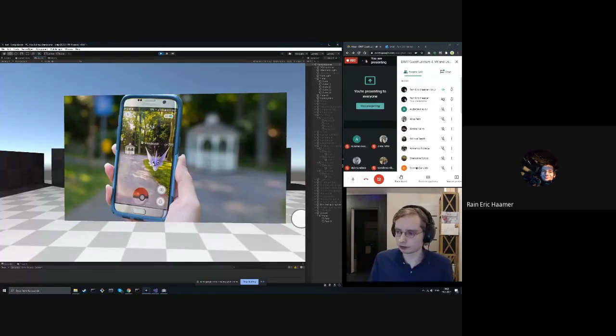But the user has to do all of this with one hand, because their other hand is currently holding the phone. So pay attention to what you're developing it for and how.